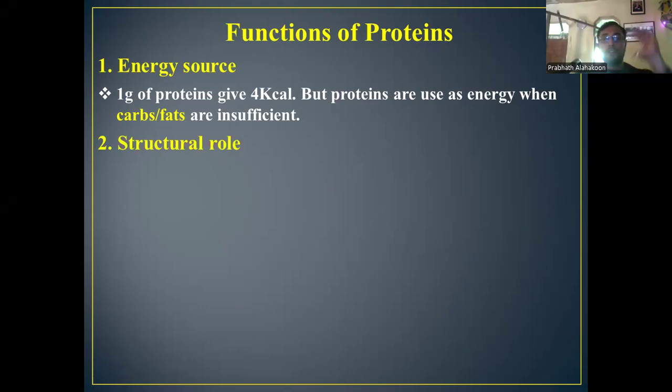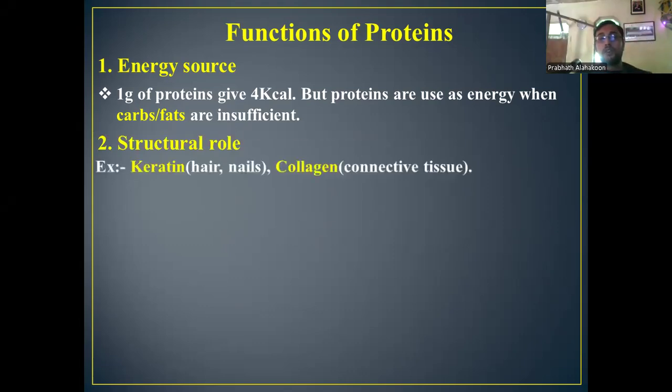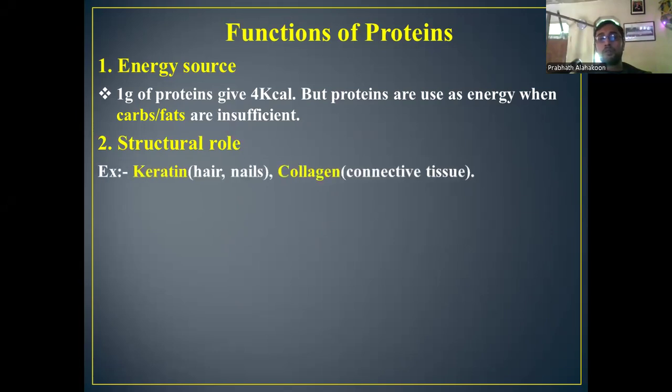Next function is structural role. Examples of molecules involved in structural role. First is keratin. Keratin is in hair and nails. Next example is collagen. Collagen is in connective tissues.